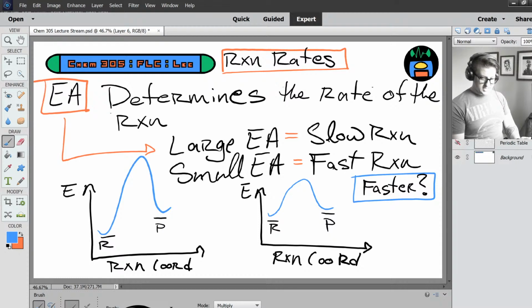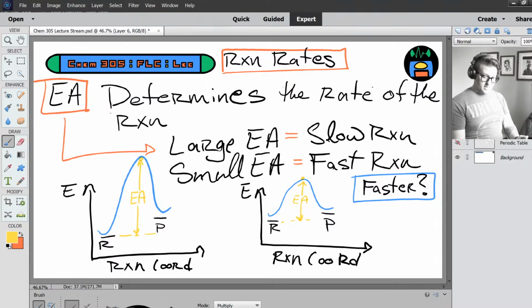One of them looked like this, the other looked like this. If you're asked to determine which is faster, you have to compare the activation energy. So there's the activation energy for one, here's the activation energy for the other. The larger the activation energy, the slower the reaction.